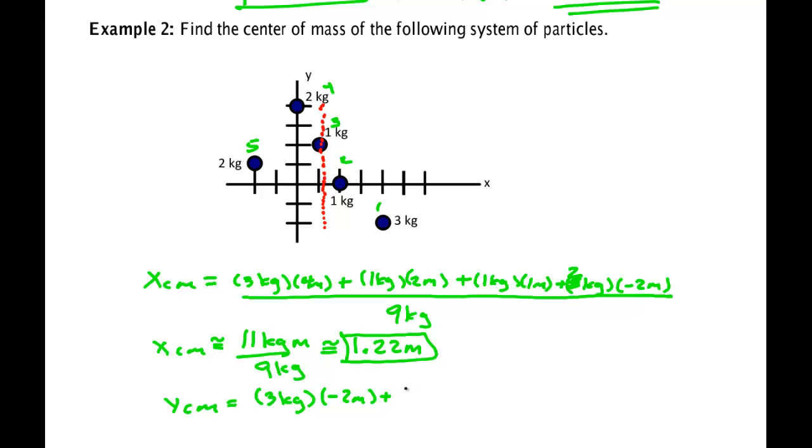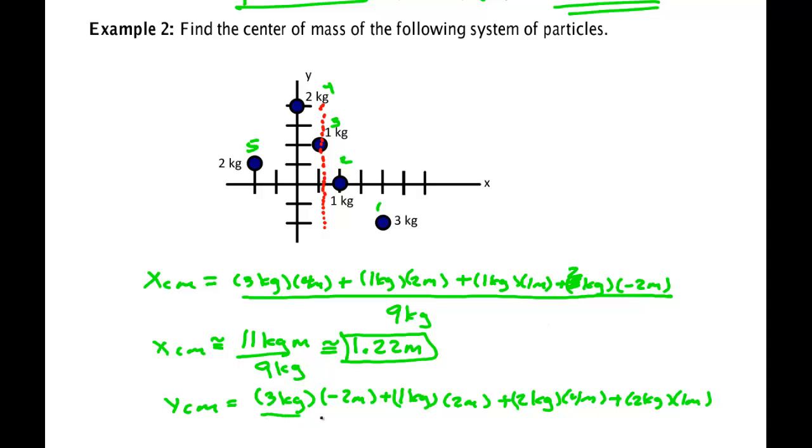This one up here, I got 1 kilogram. Its Y value is 1, 2 meters. The next one is 2 kilograms. Its Y value is 1, 2, 3, 4 meters. And the last one is 2 kilograms. And its Y value is 1 meter.